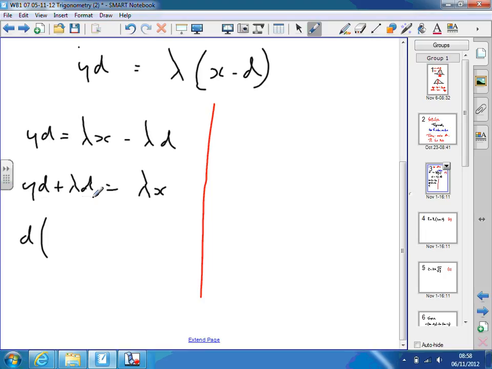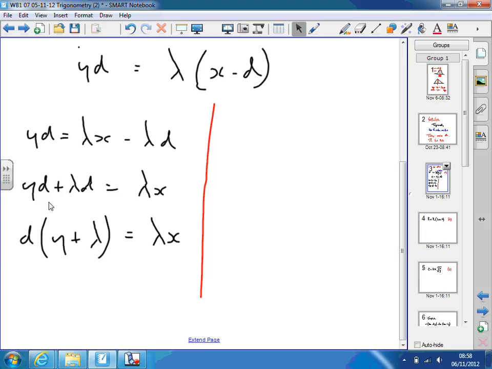I ask myself, what have I got to times this D by here to get Y times D? So Y is left inside. What have I got to times D by to get lambda D? So Y plus lambda is left inside the bracket, equals lambda x.